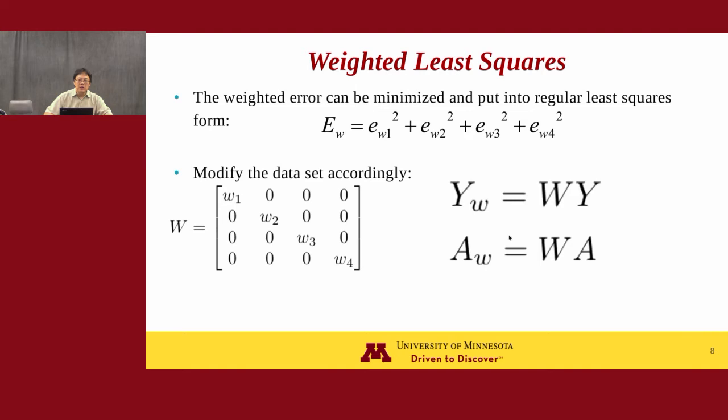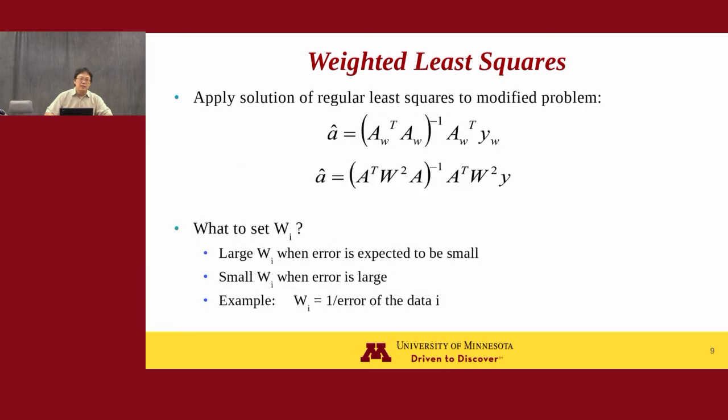Then we multiply the original output vector Y by the weighting matrix, and the original data matrix A by the weighting matrix, and obtain Y_W and A_W. And the solution to minimizing this weighted least squares problem is this formula, which looks exactly the same as the previous formula, except that A is replaced by A_W and Y is replaced by Y_W.